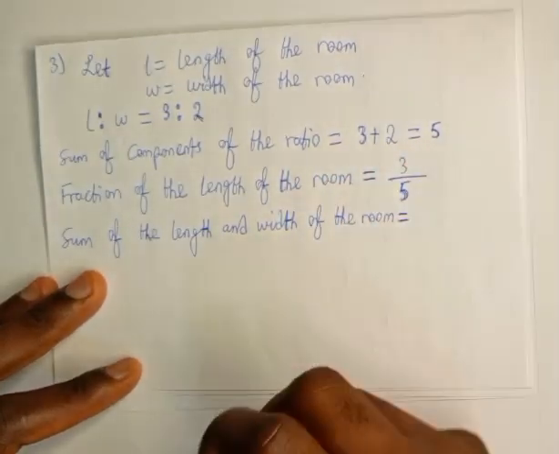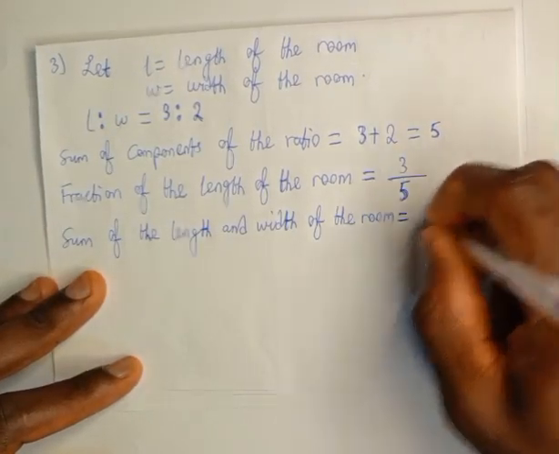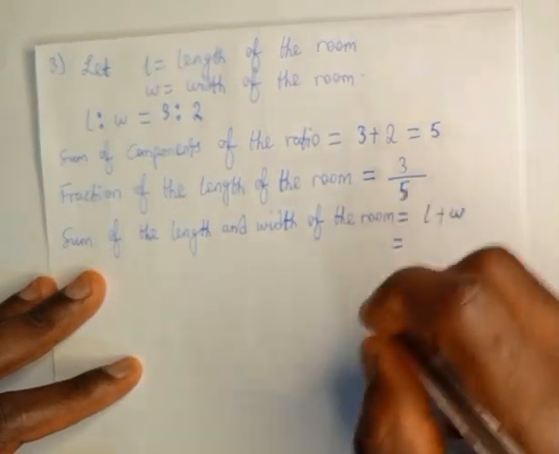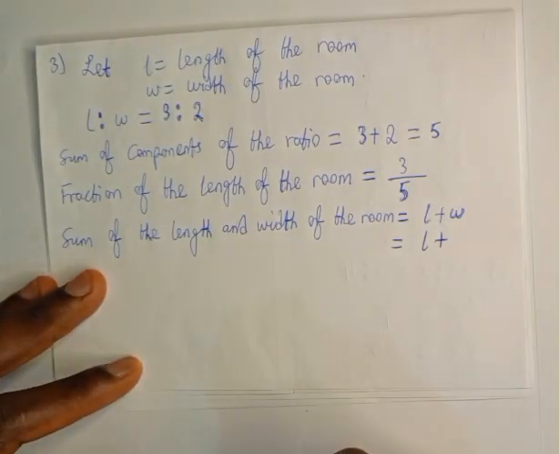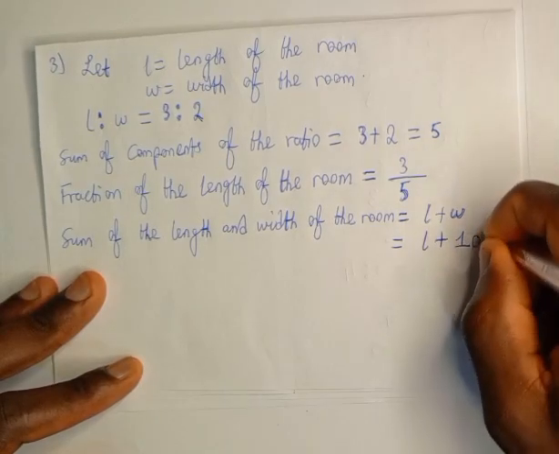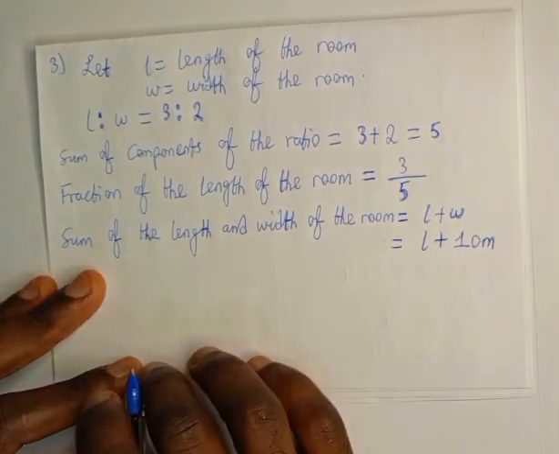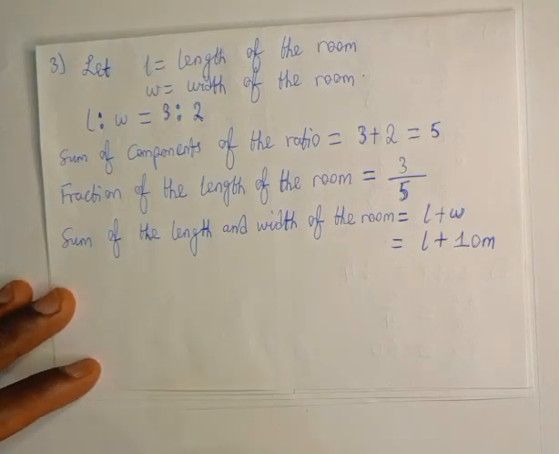It is simply equal to L plus W, which is simply equal to L plus, from the question, we have been told that the width of the room is 10 meters. Put the 10 meters. Now it is very easy for us to find the length of that room.